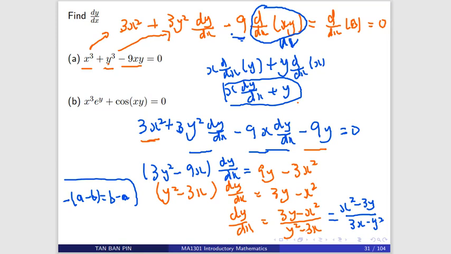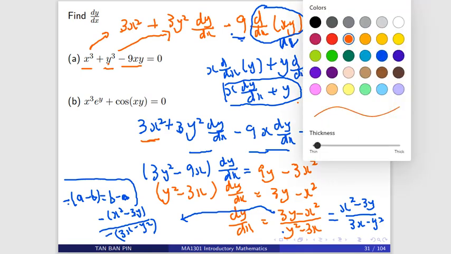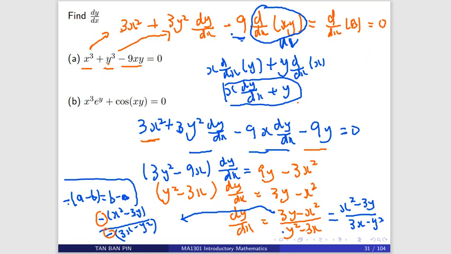You can write it as negative x squared minus 3y in the numerator, using the fact that b minus a is negative a minus b. Same thing for the denominator. You switch it to 3x minus y squared and bracket with a minus sign. And after that, these two minus signs cancel. So it's the same as this answer. It doesn't matter whether you give this answer or this answer, the two answers are the same.